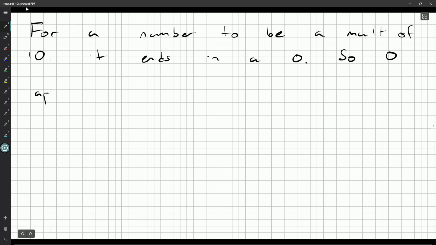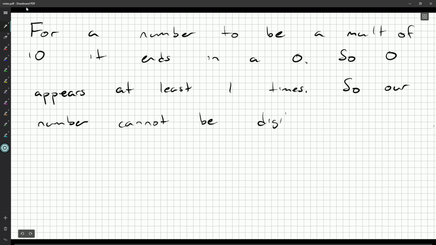So 0 appears, so not at most 0 times. 0 appears at least one time. So our number cannot be digit balanced. Okay, not a bad write-up. Just very quick. You gotta end in a 0, but you can't have any zeros, so can't be digit balanced.